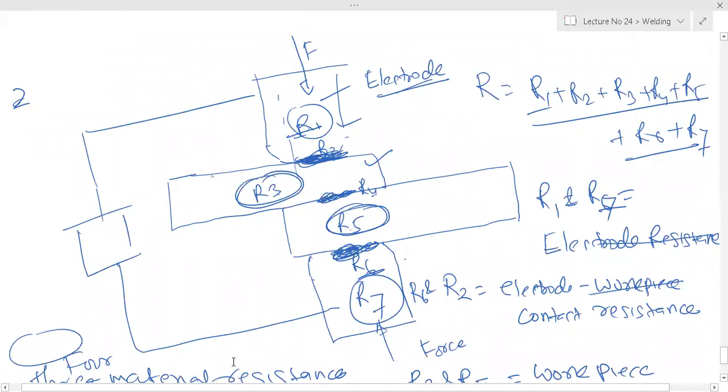Nikhil, Neeraj, Sankeet, they are not listening. Where is our Nikhil?